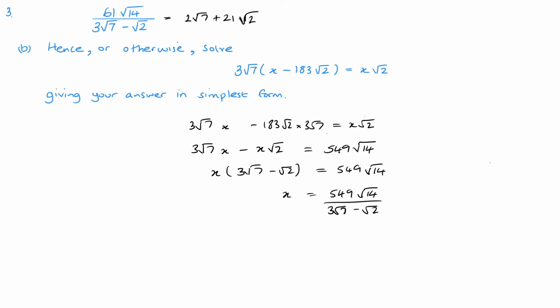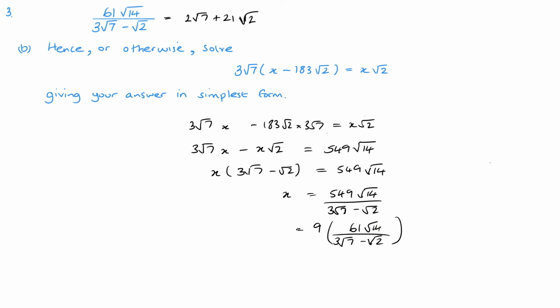So this is almost the same as this one now, isn't it? In fact, we haven't got the 61, we've got 549. So let's see if we can divide by 61 on a calculator. And we can. So we can take out 9, and we get 61 root 14 over 3 root 7 minus root 2.